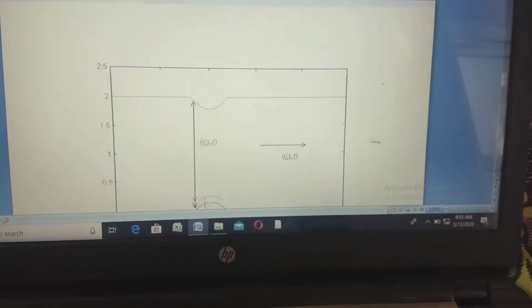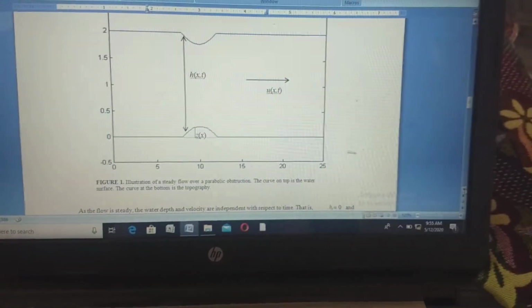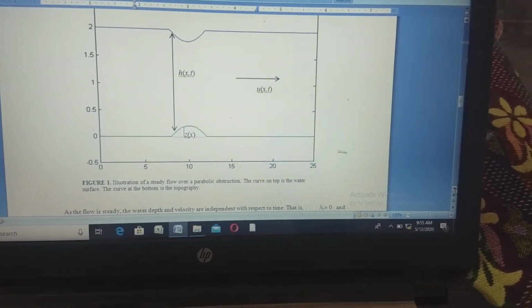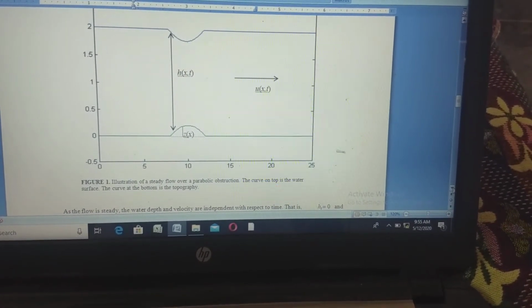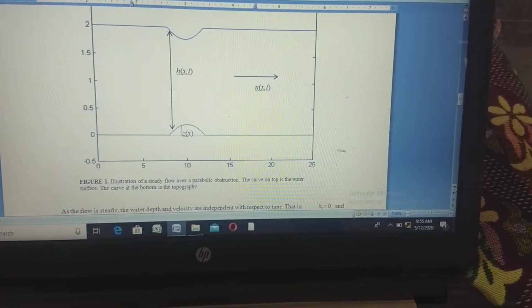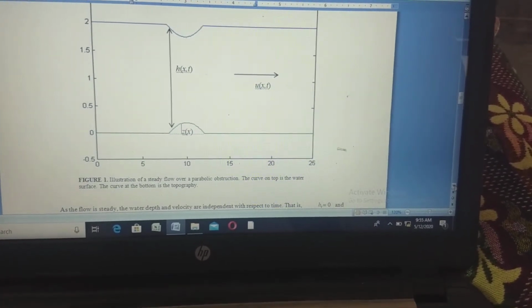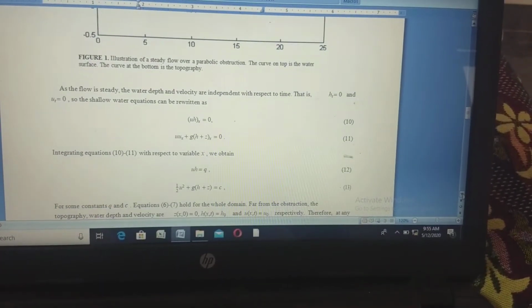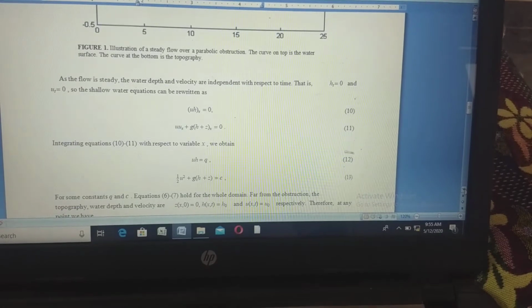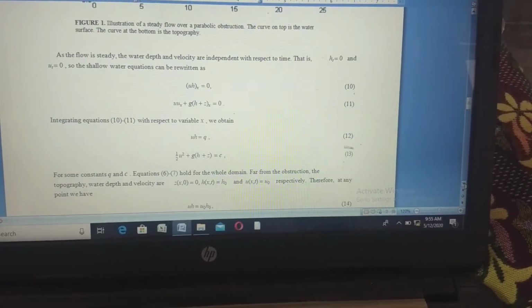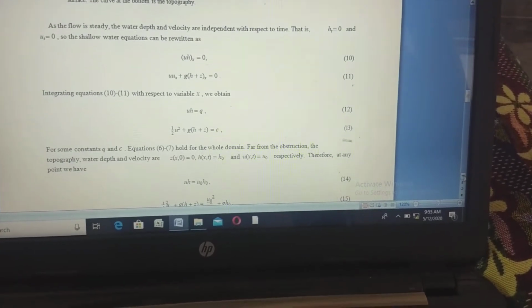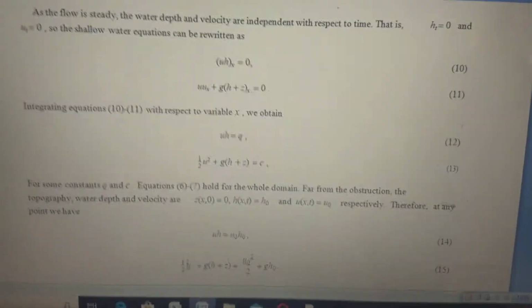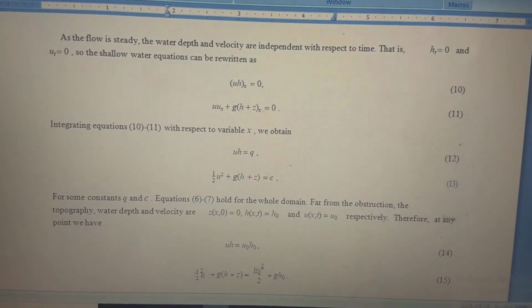Using this equation we are plotting diagram 1 to illustrate the steady flow on a parabolic obstruction. The curve on top is the water surface, the curve at the bottom is the topography. As the flow is steady, the water depth and velocity are independent with respect to time, that is ht equal to 0 and ut equal to 0.